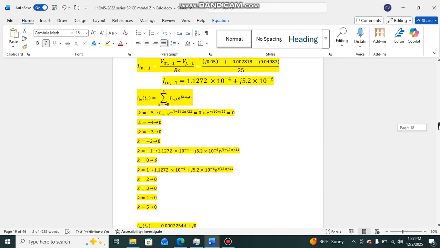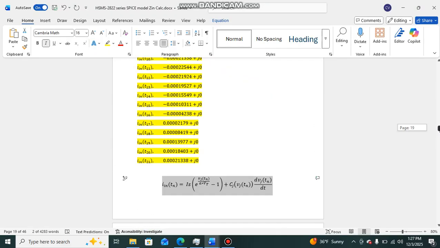And we have Vj of Tn values, and we have our derivative of the junction voltage in the time domain, and we also have the equation for our capacitor where we can plug in our junction voltage in the time domain in that also.